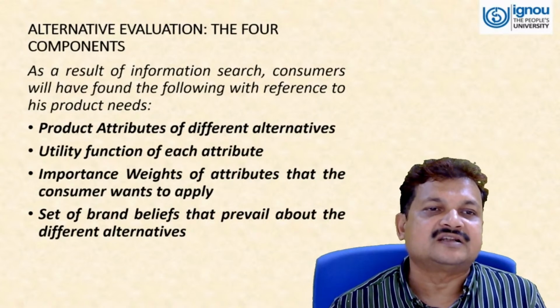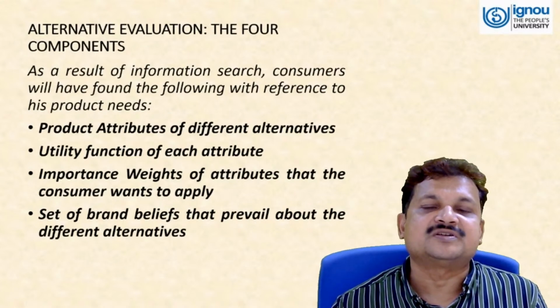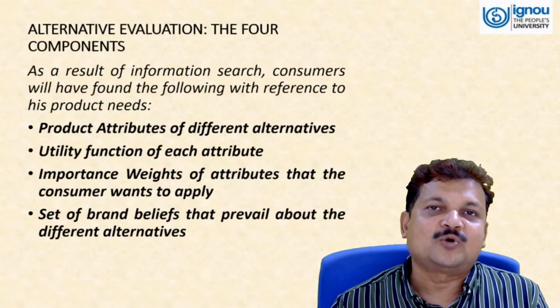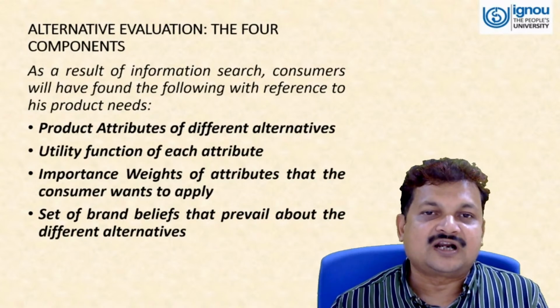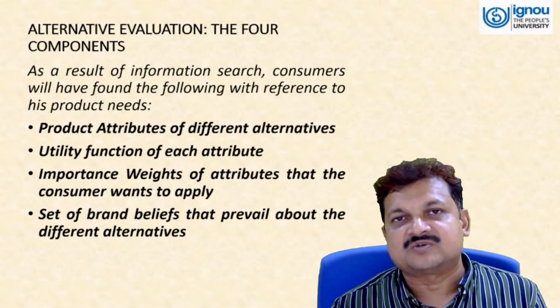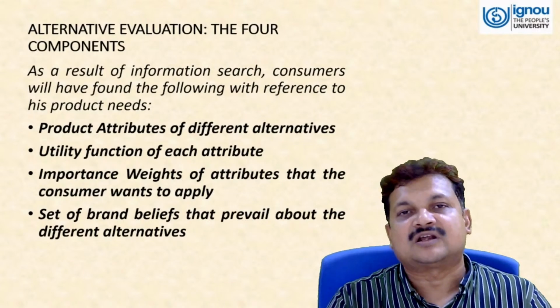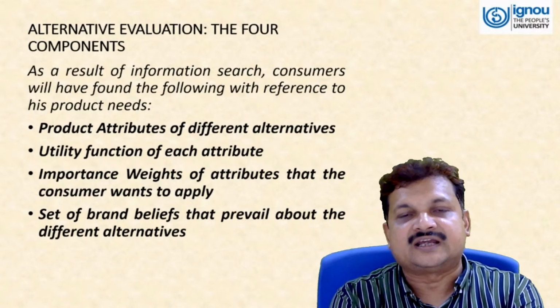The next point is the utility function of each attribute, meaning how important this attribute is to the customer. The more important it is, the more weightage the customer gives to that particular attribute.